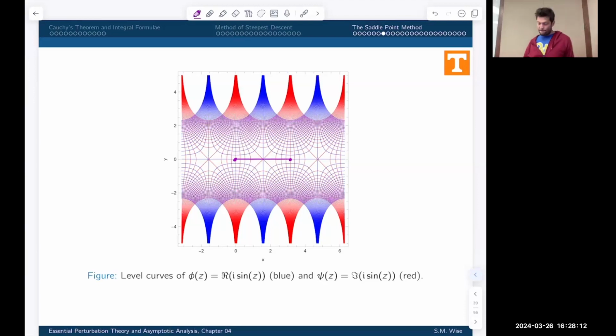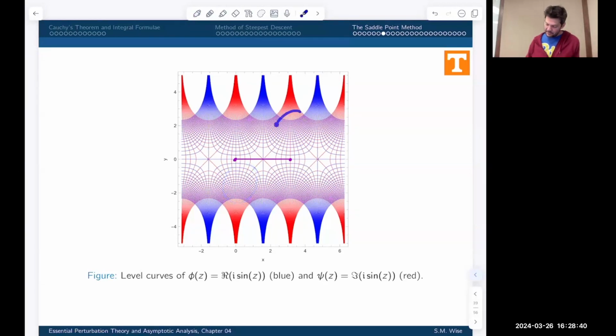Now, remember the methodology. I want to construct gamma 1, gamma 2, gamma 3, gamma 4, gamma 5. What were the requirements? Along gamma 1, I have to be decreasing in phi as I go. Remember, I said before that this is a hill of phi.